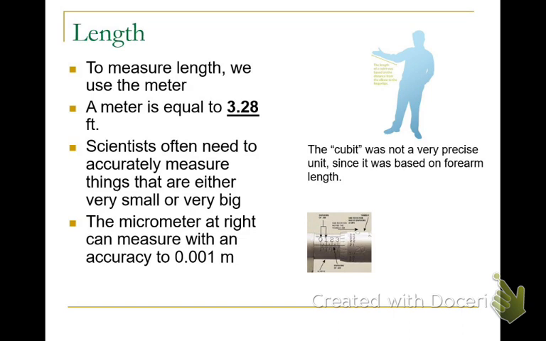I'm not going to spend a lot of time on that. Here's a little skill. If I look at that measurement, which one of those digits is estimated? This was last class. Which digit up there, which number up there has been estimated?